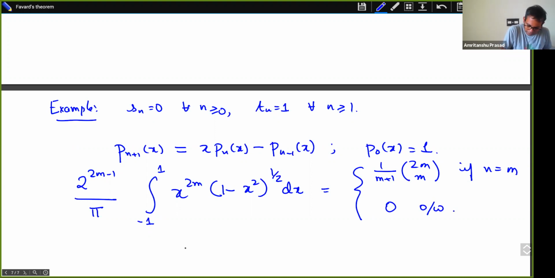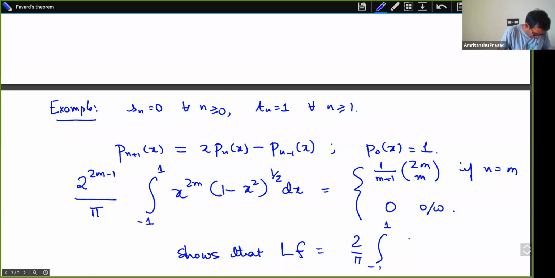And what this equation shows is that L of f is 2 by pi integral from minus 1 to 1 of f of 2x times square root of 1 minus x squared.